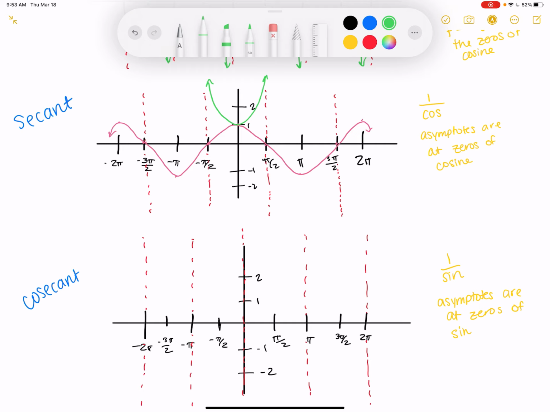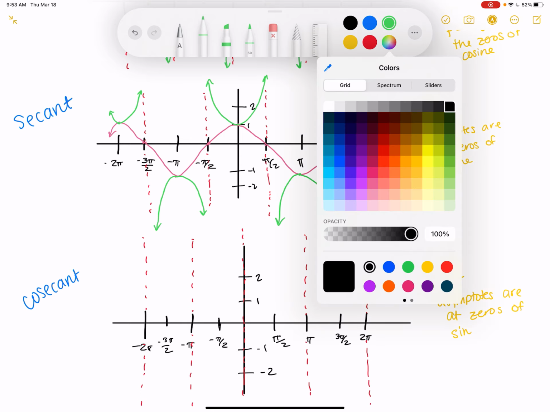They're a little bit more U-shaped than I'm making them. Is the pink line the parent function of cosine? Yeah. Okay, hold on, I need another color.